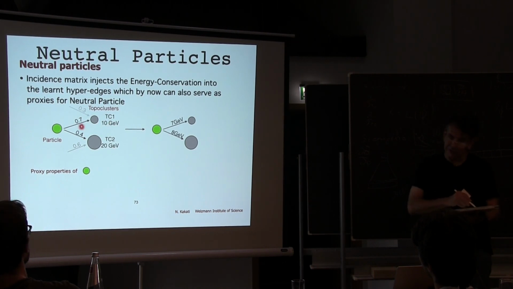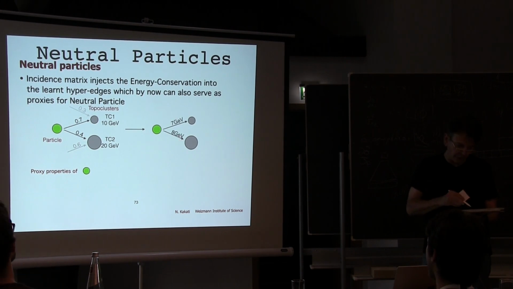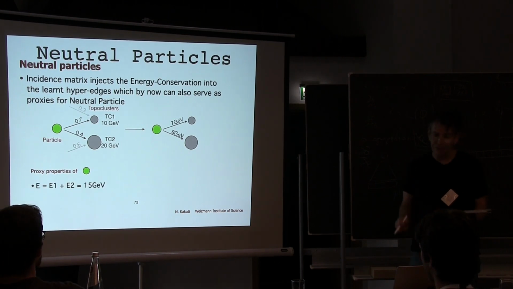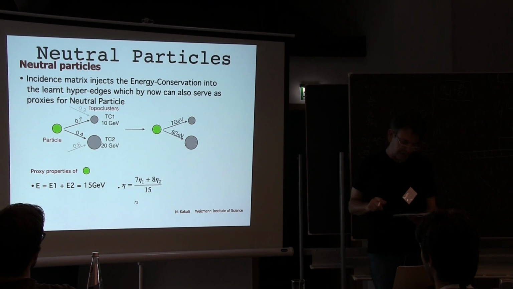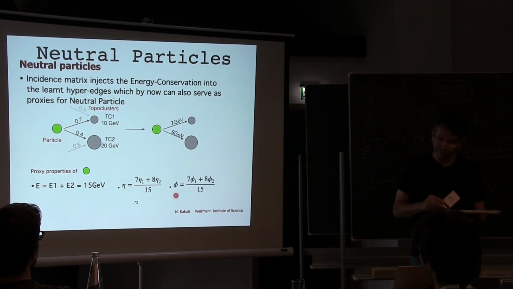We don't know about the 0.7 and 0.4. That's what we want to predict. So this is 7 and 8. So we know now that the energy of this particle is 7 plus 8. It's 15 GeV. By the same token, we calculate the eta from the etas of the topo clusters, and we calculate the phi.